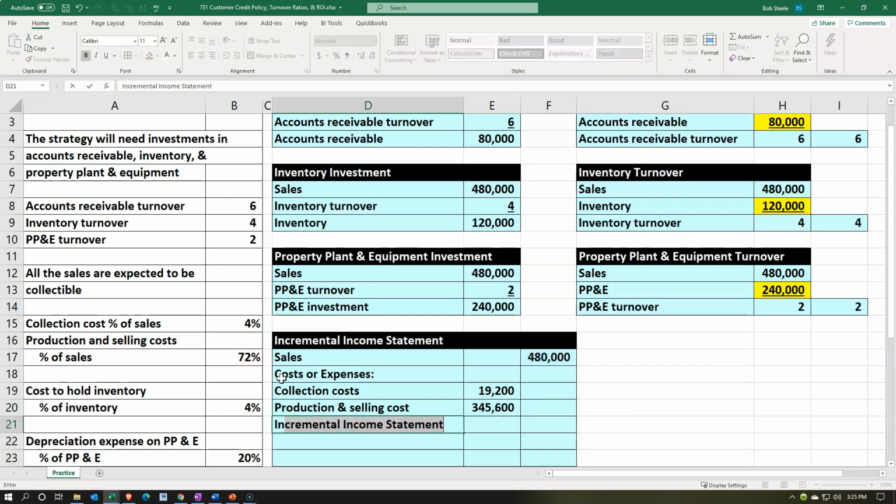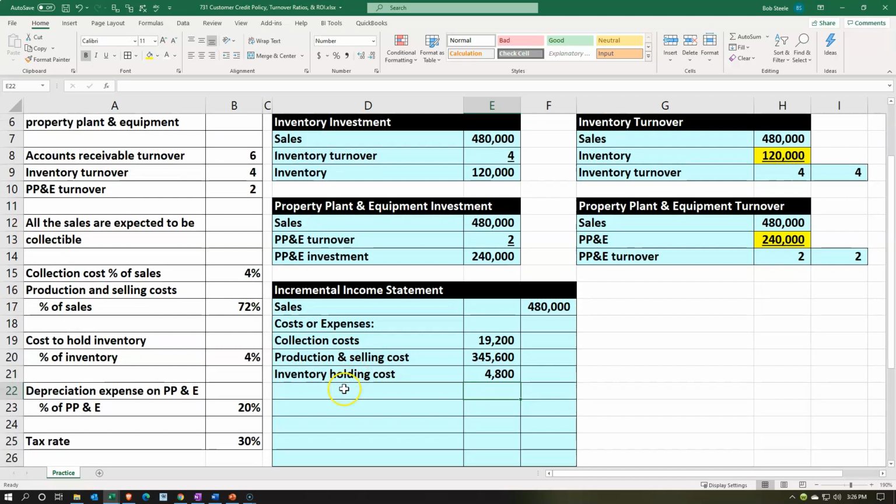And then we have the inventory holding cost, the cost of us holding on to the inventory that we're going to need to do this. We think that's going to be 4% of the inventory. Now, we figured out the inventory up top to be the 120,000 times the 4%. The 4% of that is going to be 480.